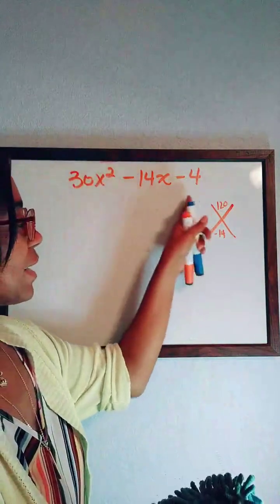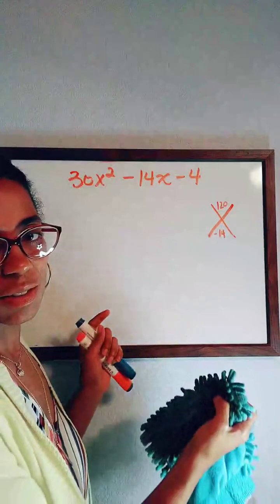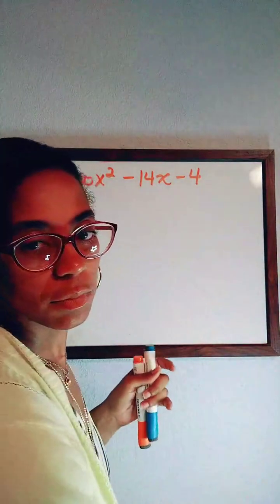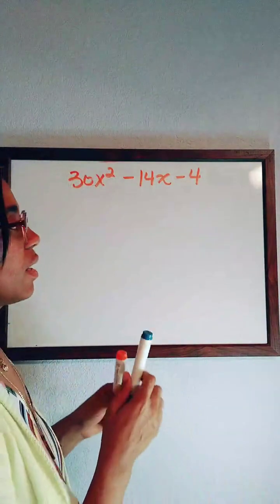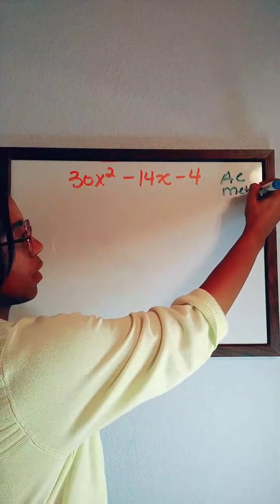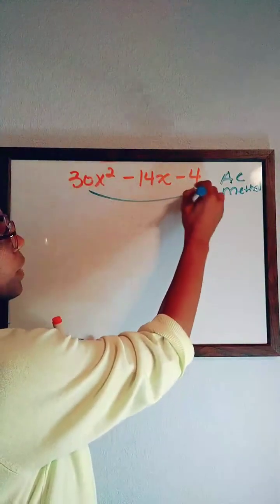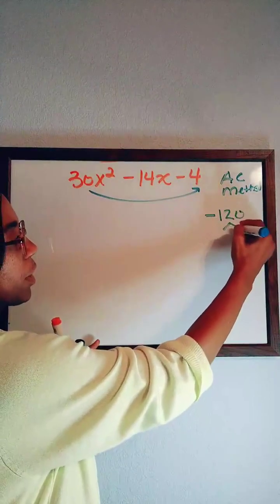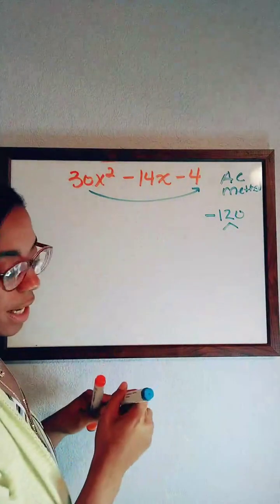Somebody says slide and divide. I've only heard of that like 1 or 2 times. So Nisi, it's called the AC method. I'm just going to multiply the first and last digit, and I'm going to get a -120. And then I'm going to find two numbers that add up to make -14.